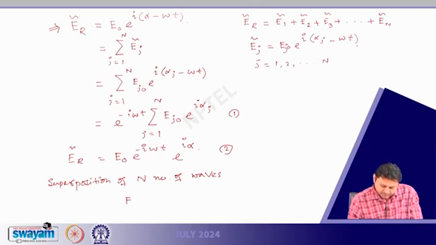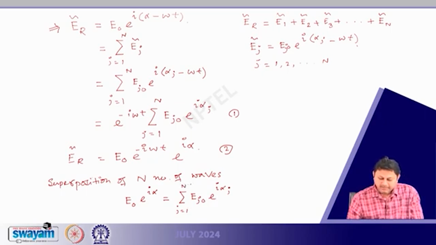E naught e to the power of i alpha is equal to the sum over E j0 e to the power of i alpha j, where j goes from 1 to n. That is the way these amplitudes will be related, and by simple comparison I can have this.